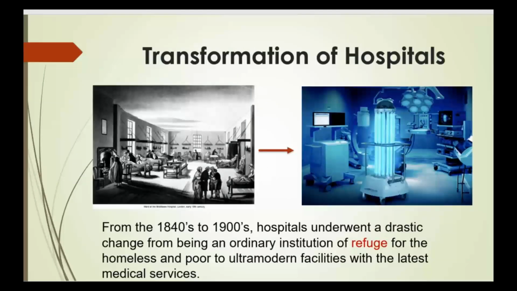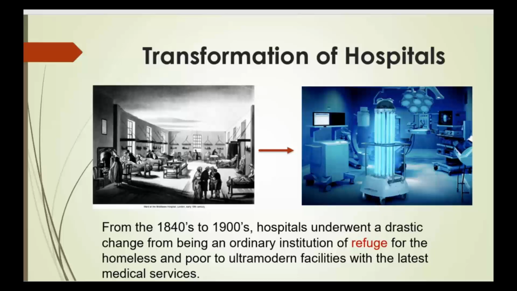Now, we saw this transformation of hospitals from places for the poor, like the alms houses and the pest houses used for quarantine purposes, to a place where healthcare services were delivered.